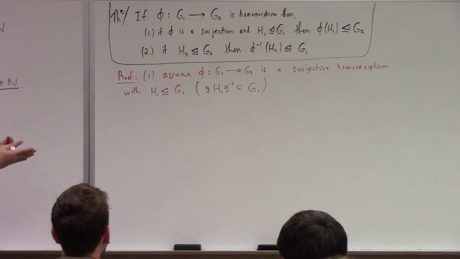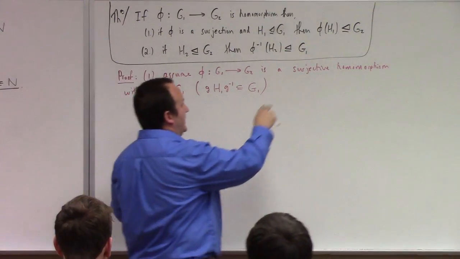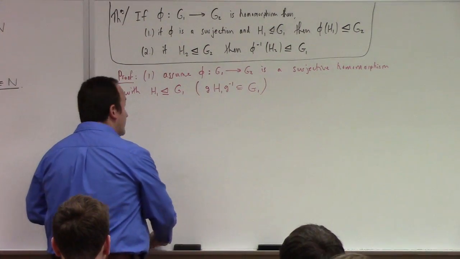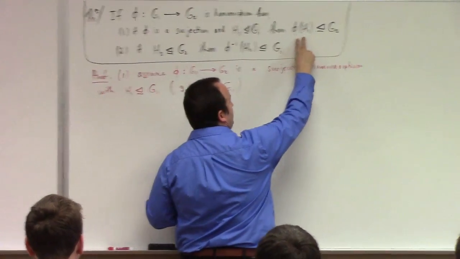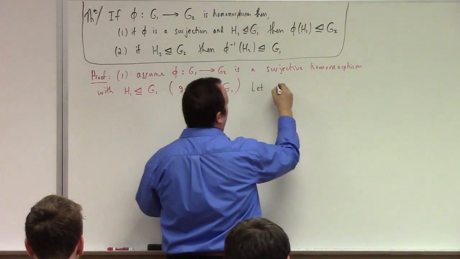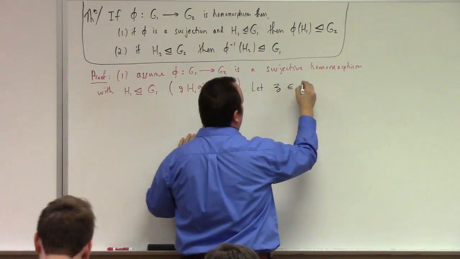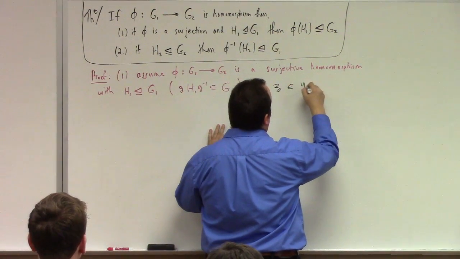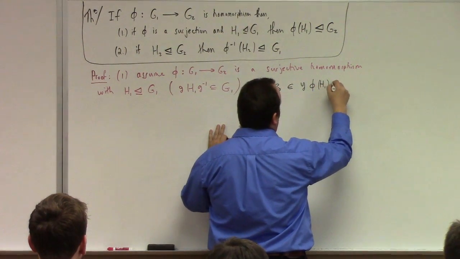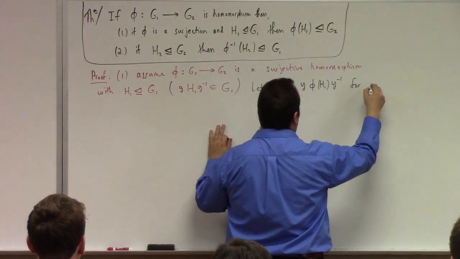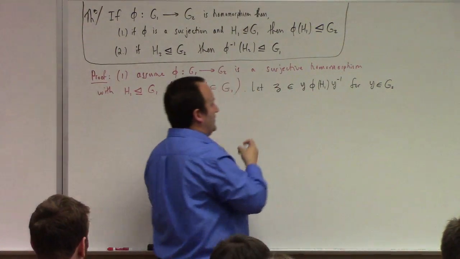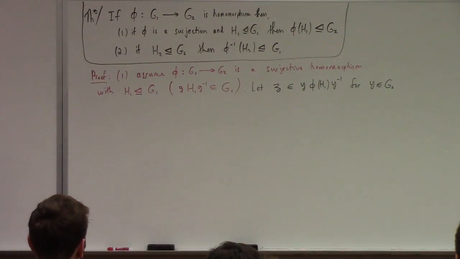So that's what we're given, right? We want to show that the image of H1 is a normal subgroup of G2. So what do I want to show? Let Z be an element of Y phi of H1 Y inverse for some Y in G2.